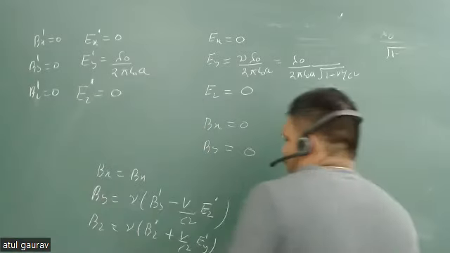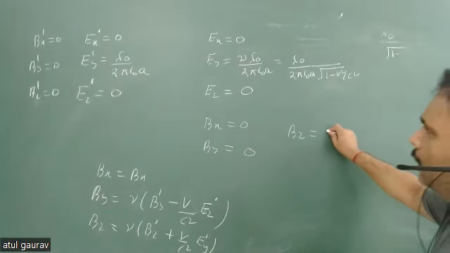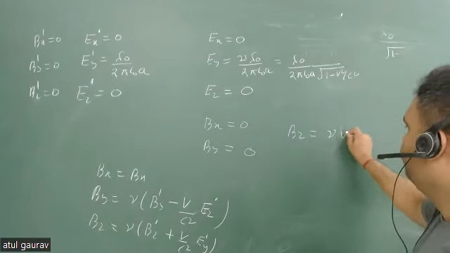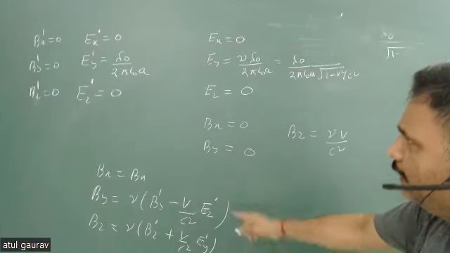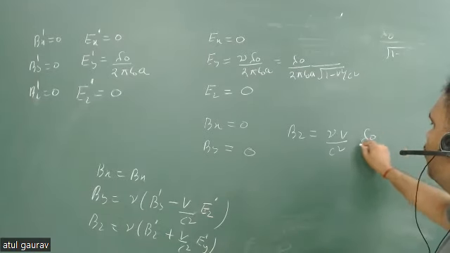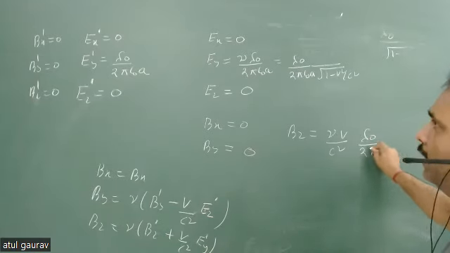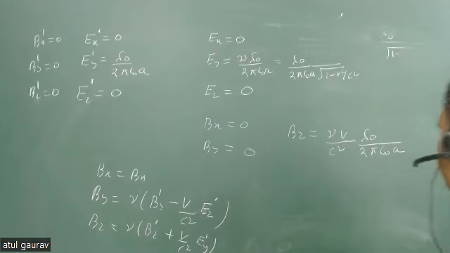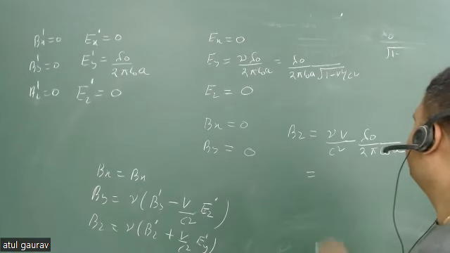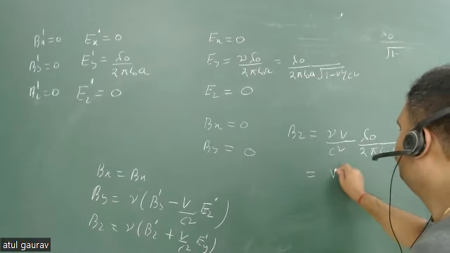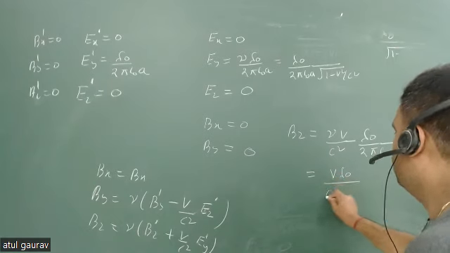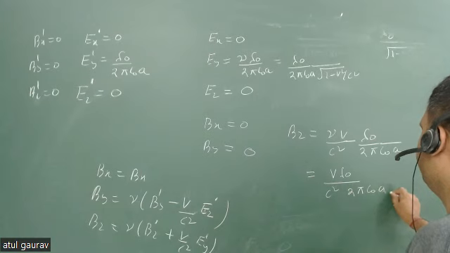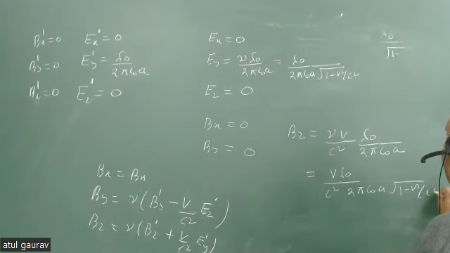Let's see what comes. Gamma times (Bz dash, which is 0, plus V upon C square Ey dash, which is lambda naught upon 2 pi epsilon naught a). And this value can be written as V lambda naught upon C square 2 pi epsilon naught a, root under 1 minus V square upon C square.